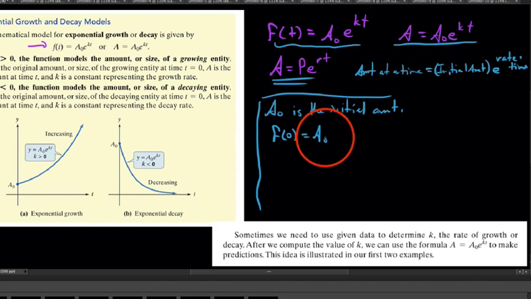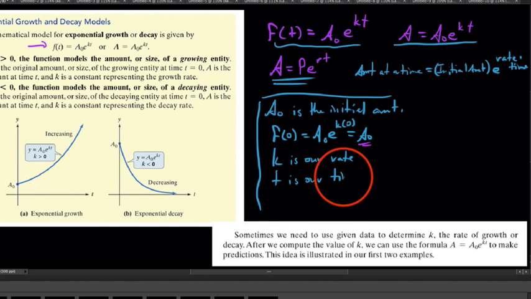We could say that this is equal to A sub 0 times e to the k times 0, which gives us A sub 0 times e to the 0, which is 1, so A sub 0. So in other words, what we're saying is that this is always what we start with in an exponential growth situation. Also, we would say that k is our rate and t is our time.